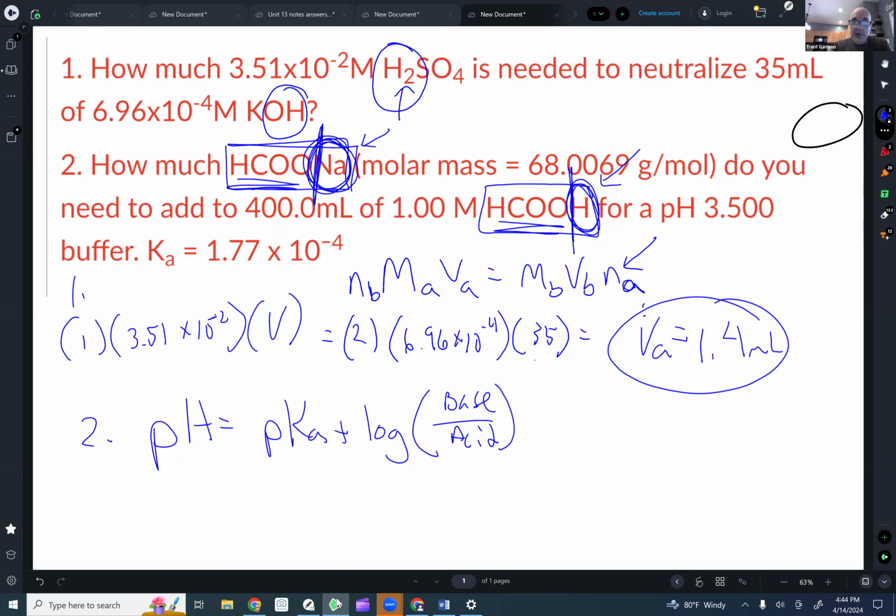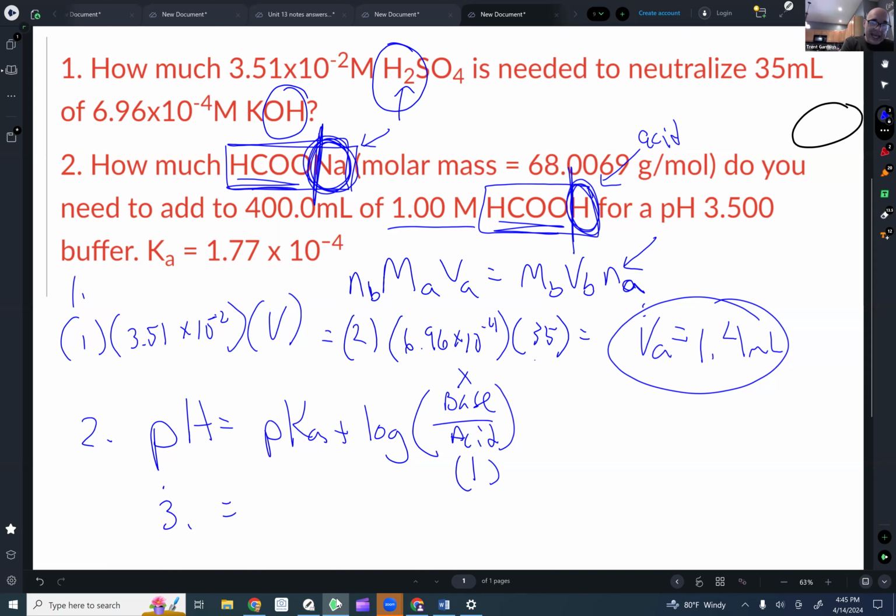This is creating the buffer situation. So our acid is the material that has the extra H, so the value for that is a 1. What we don't know is the concentration of this buffering material. How much of it are we going to have to put in here to get this pH of 3.5?